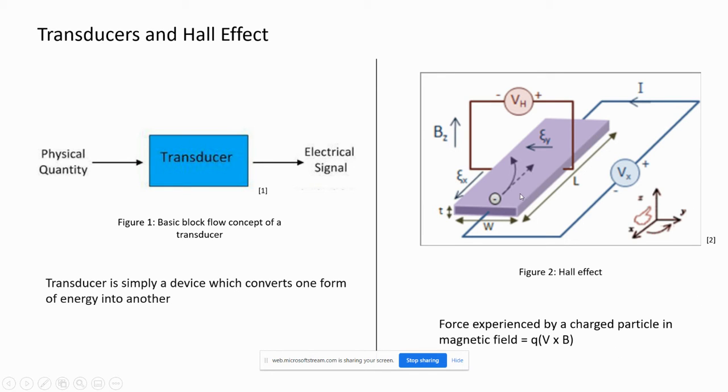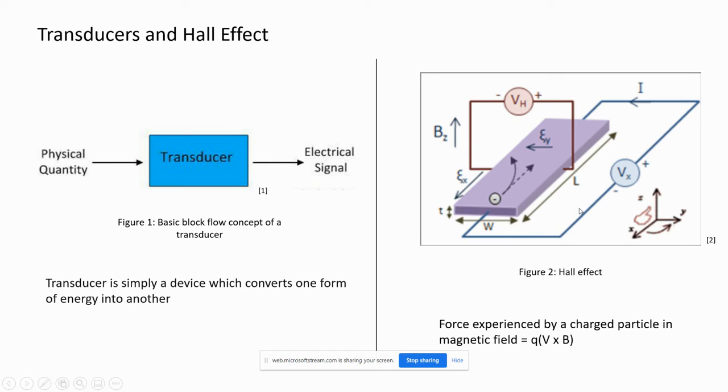In this basic setup, we have a conducting strip through which a certain current is flowing, which means charged particles, electrons, are flowing through it. There's an external magnetic field, which applies a force on these charged particles equal to Q times V cross B, and deflects the charged particles onto one side of the strip.